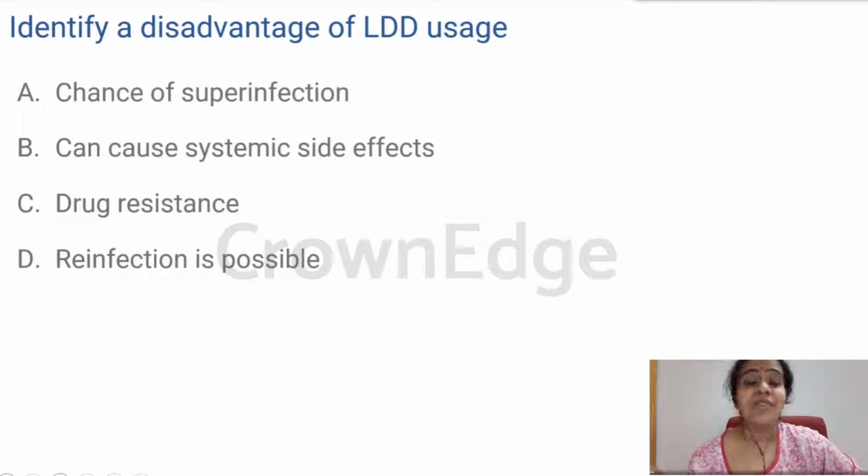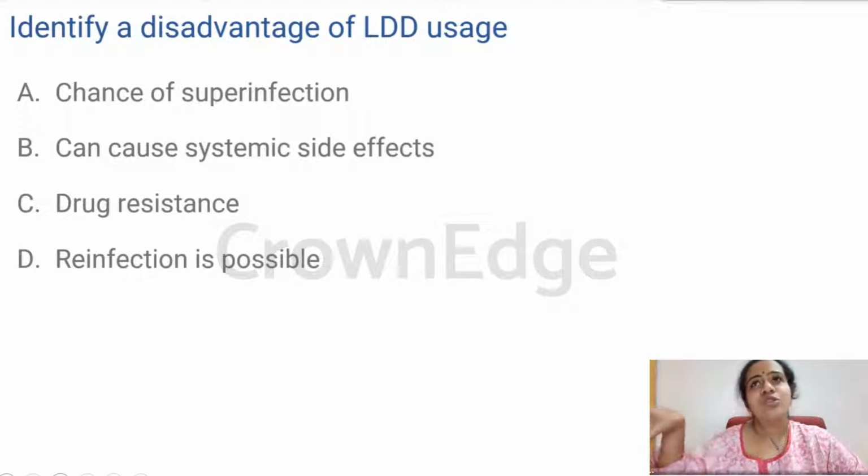But however, one big positive about LDD is that we are giving a very high concentration of the drug at the site of infection. With systemic administration, the drug goes to the blood and then is taken to the site of infection, so it takes a longer route.